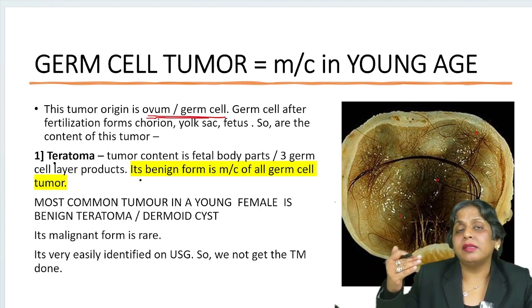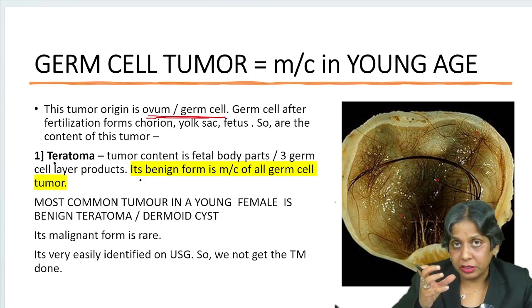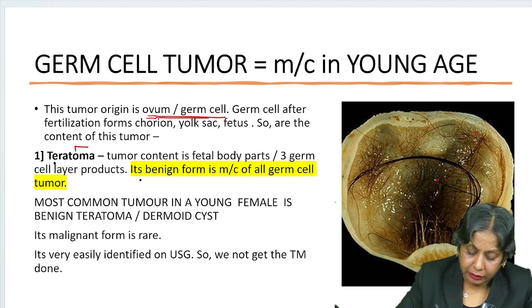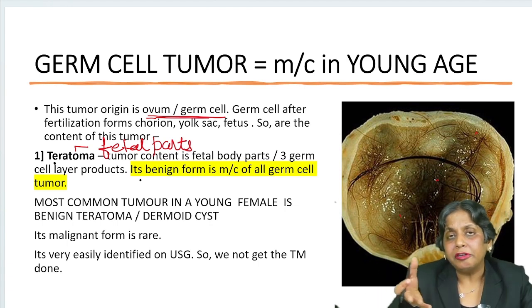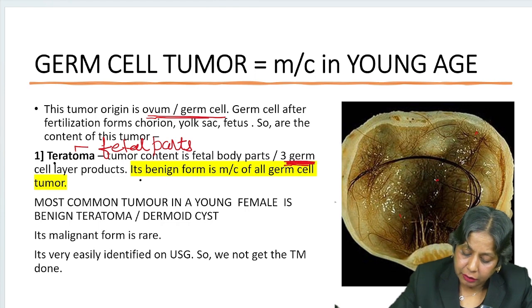So we have divided the germ cell tumor depending on its content. If the content of the germ cell tumor is fetal parts, don't imagine that in an ovarian germ cell tumor you will get a full fetus. We get fetal parts, or in other words, 3 germ cell layer products.